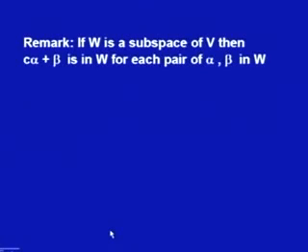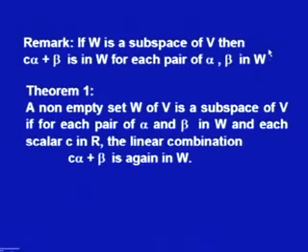So, we can put a remark here that if W is a subspace of V, then C alpha plus beta is in W for each pair of alpha, beta in W. And if this is there, then we can say that W is a subspace.